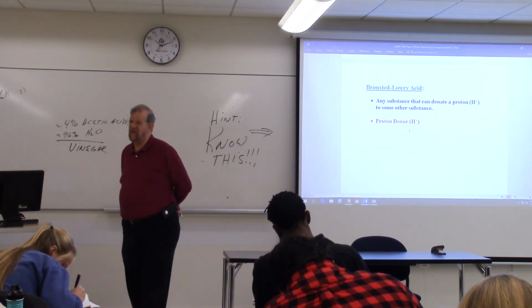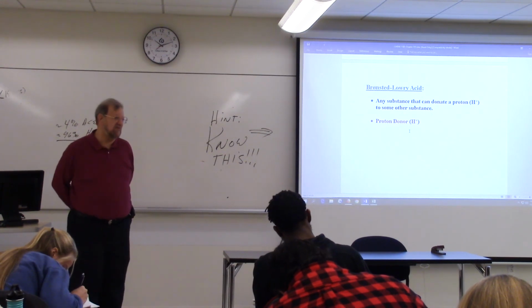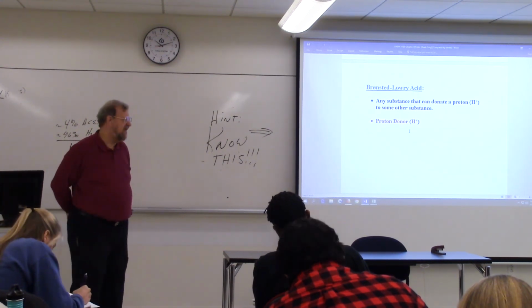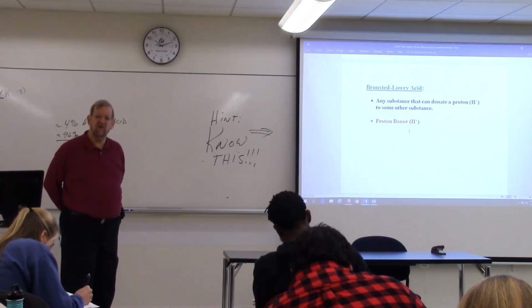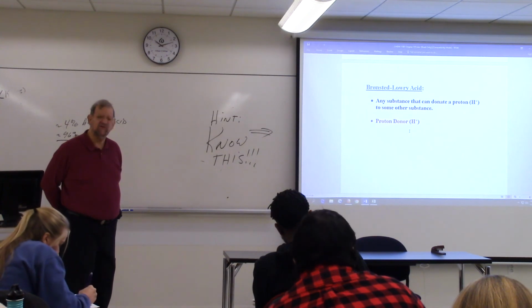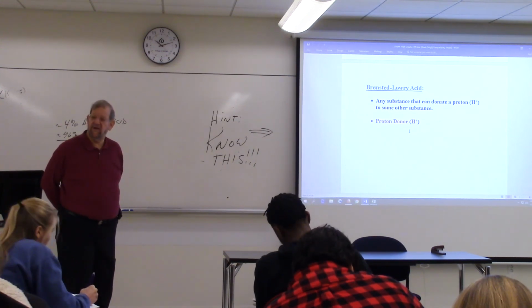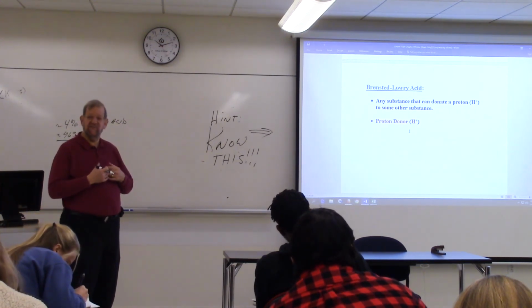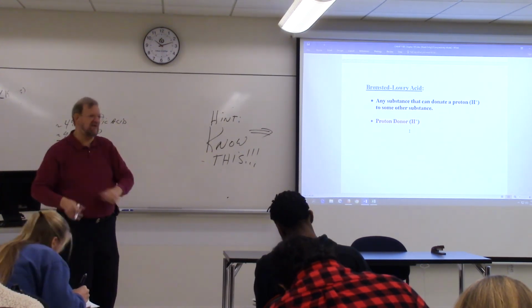And it turned out that wasn't an easy thing to do until they came up with their theory. That works. And so, Bronsted-Lowry acid, proton donor, H+. Remember, acid, H+ donor. And I always do this, if I'm an acid, here, take my proton.